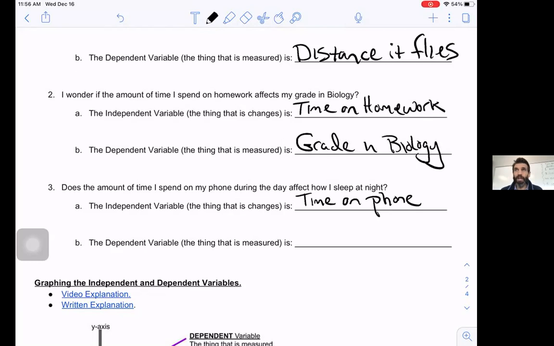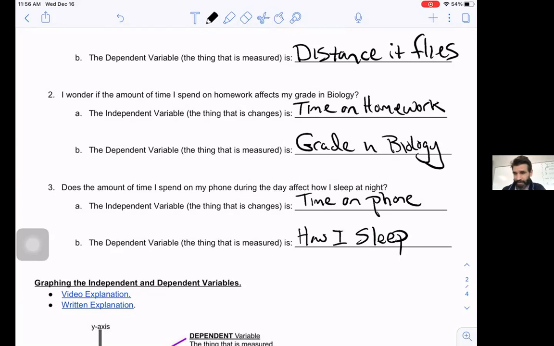So you could measure this in a number of different ways, but the thing that you're measuring is how you sleep. That's not very quantitative. But there are these new, maybe some of your parents have it, this thing called the Whoop that apparently measures your restfulness and your restlessness at night.